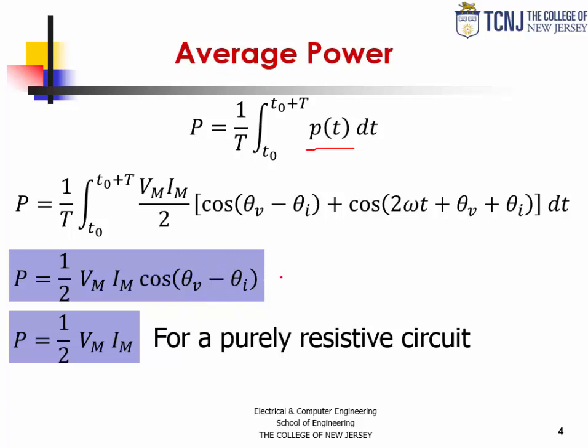Of course, it is good to highlight at this point that for a purely resistive circuit in which the current and the voltage are in phase and therefore the difference in their phase angles is 0, then the power will be 1/2 the amplitude of the voltage times the amplitude of the current.